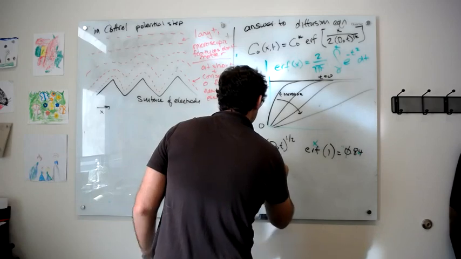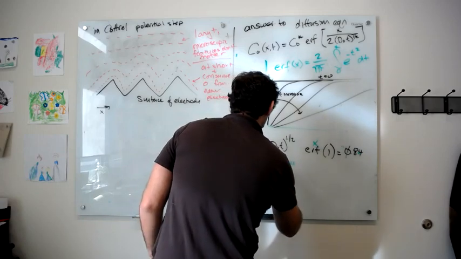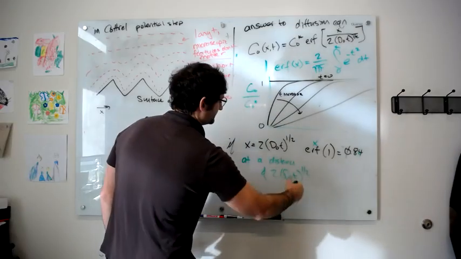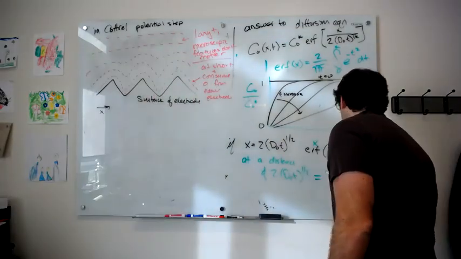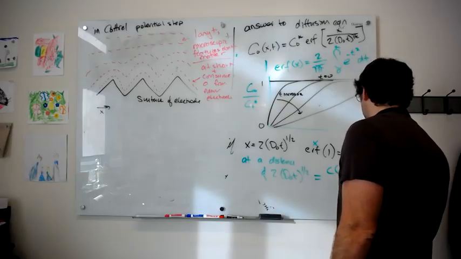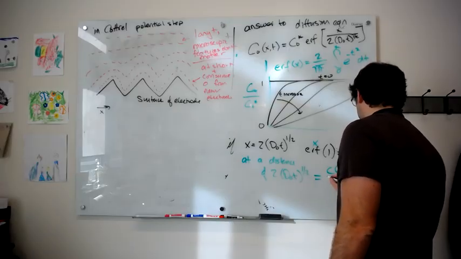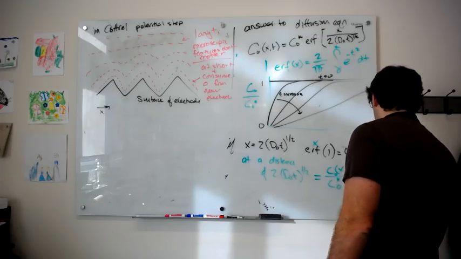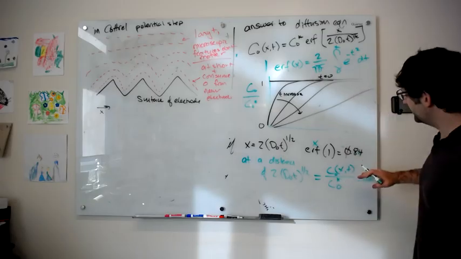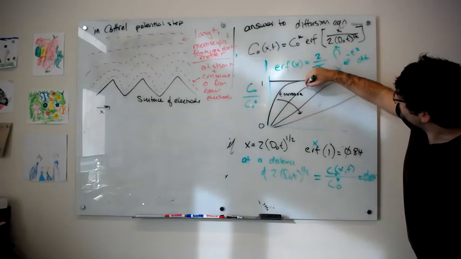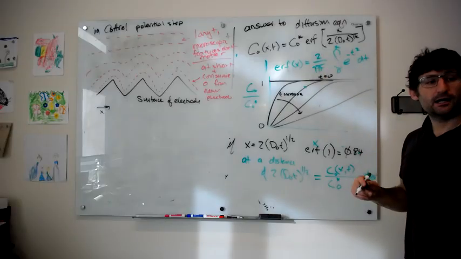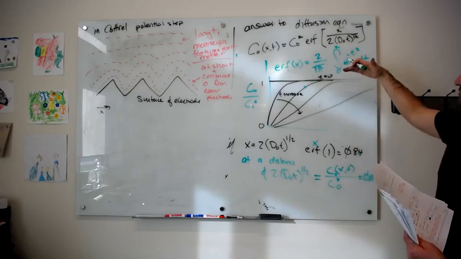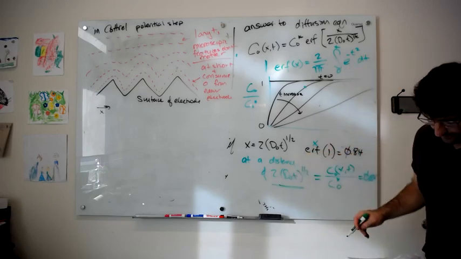One way to interpret this is to give a mathematical interpretation. At a distance of 2 (D_O t) to the 1/2, C(x,t) over C_O star equals 0.84. So the concentration reaches 0.84 of the concentration in the bulk. So you've recovered most of the way to the bulk concentration once you get this distance away from the electrode.